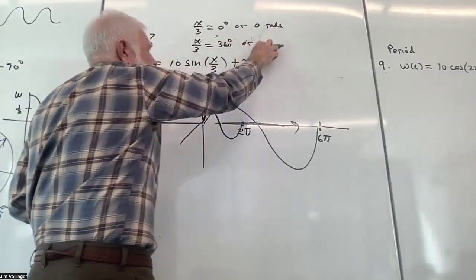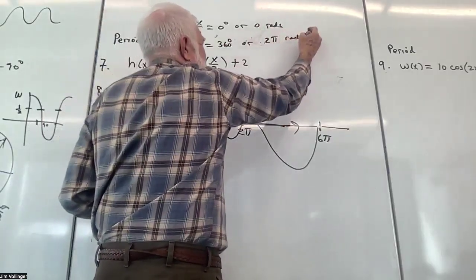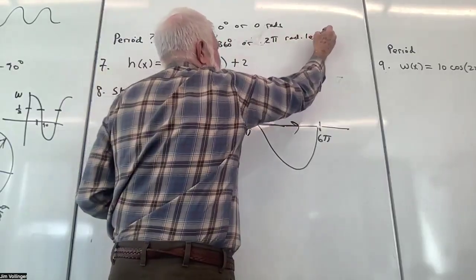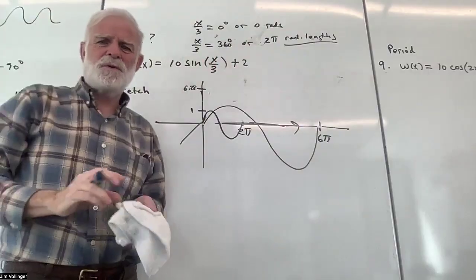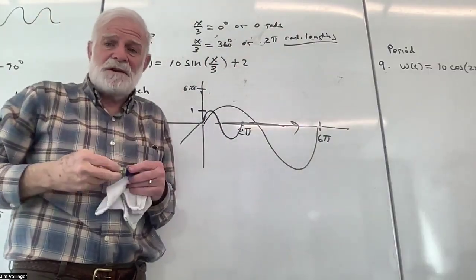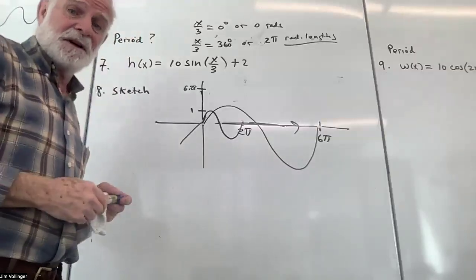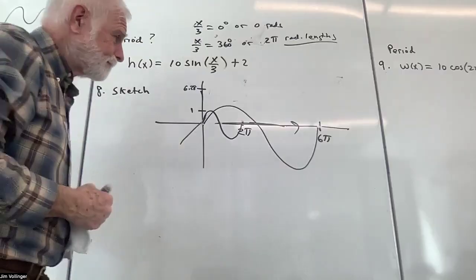Let's do 2 pi. Let's do it exactly. 2 pi radius lengths. I'm really pushing radius lengths. Why? Because I've talked with students who have finished trig, and they don't know what a radian is. I want you to come out of this class knowing what a radian is. We're going to talk about it a long time.